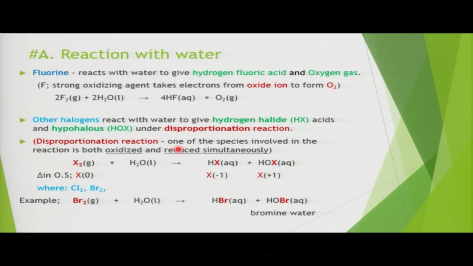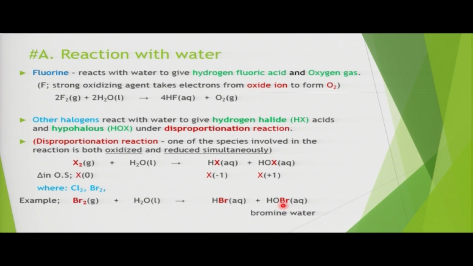The focus here is on disproportionation reaction, whereby one of the species in a reaction is both oxidized and reduced at the same time. Let's use the example of bromine. When you react it with water, it forms hydrogen bromide, or hydrobromic acid, and bromine water, HOBr.